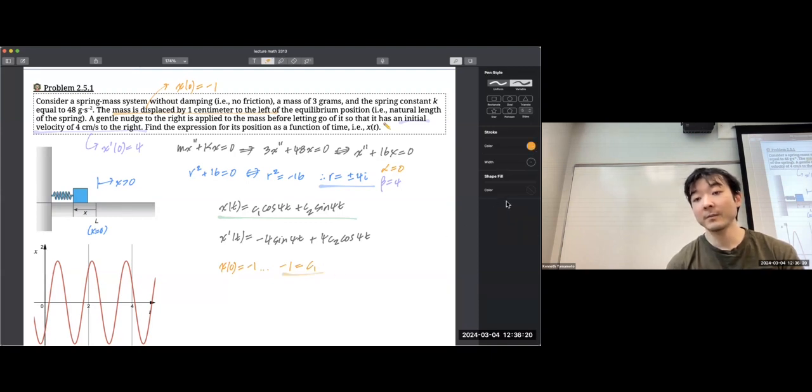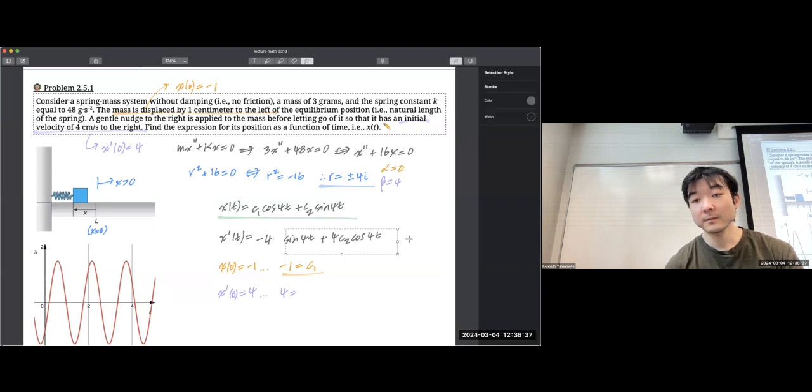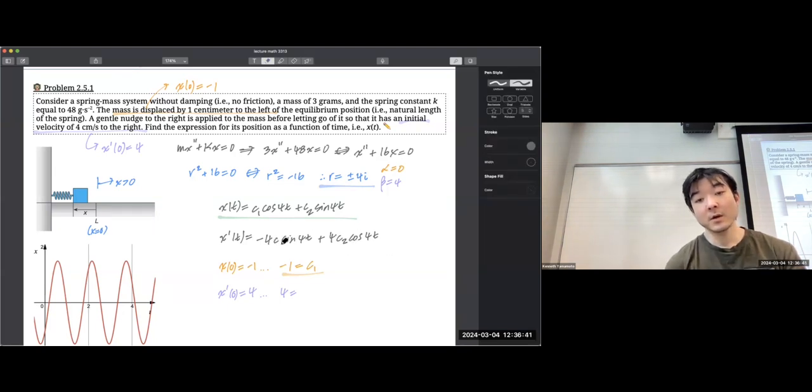And then you have your derivative condition, which is x prime of 0 is equal to 4. That means that your 4 is equal to all of these with 0. So, sorry, I forgot to put a c1 here. So this goes away because sine of 0 is 0, and then you just have 4 c2.